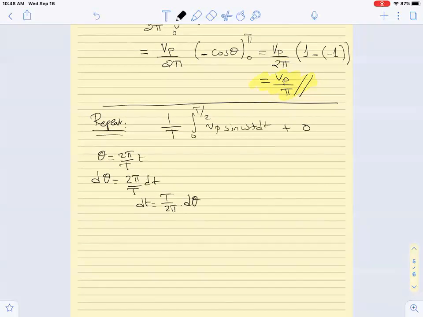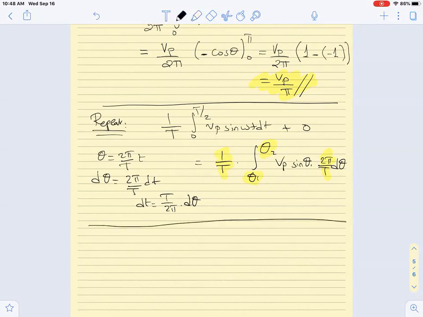We plugged this in, so this is equal to 1 over T times the integral between theta 1 and theta 2 of Vp times sine theta times T over 2 pi d theta. Then we took the constants out, they cancel with each other, and we found what theta 1 and theta 2 were.